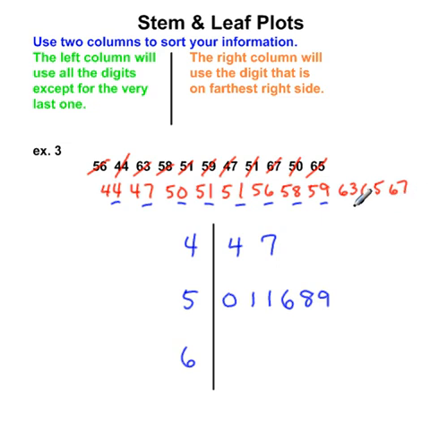Last, in our 60s, in the ones place, we have 3, 5, and 7. So I'll write 3 here, 5, and 7, and that represents 67. And this is my stem and leaf plot. A little bit easier way to organize your data. If you have any questions, make sure that you ask in class tomorrow.